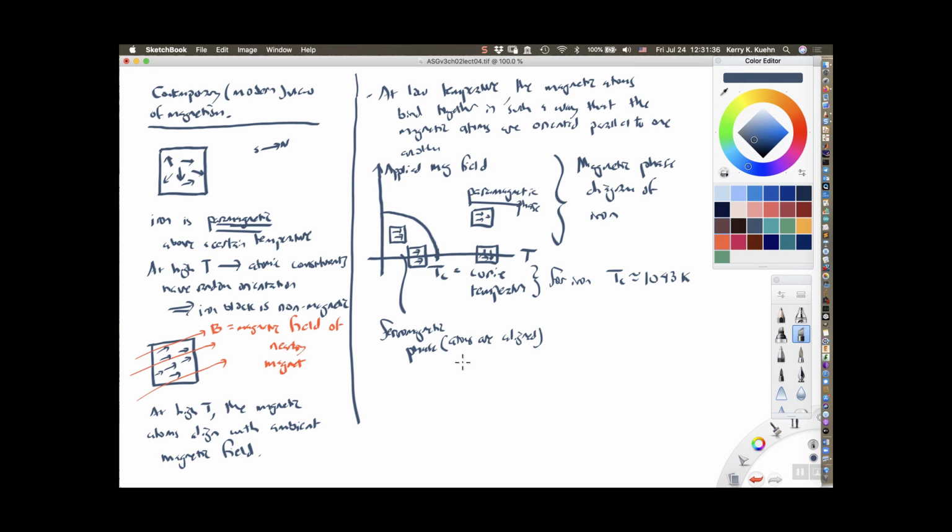Permanent magnets, on the other hand, like things you buy from scientific supply stores, such as neodymium magnets, are actually comprised of neodymium and iron. Pure neodymium is a ferromagnetic material, but the Curie temperature is around 19 degrees Kelvin. So at room temperature, it would be way up in the paramagnetic phase, and it would not keep its magnetization.